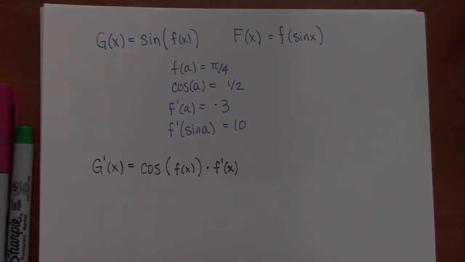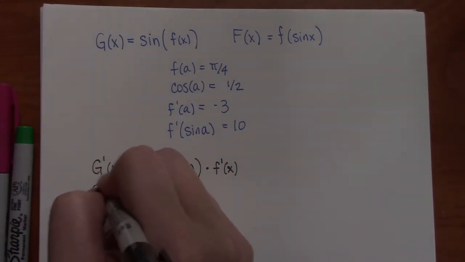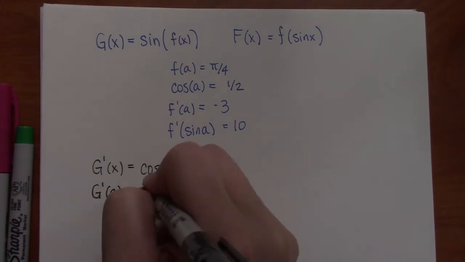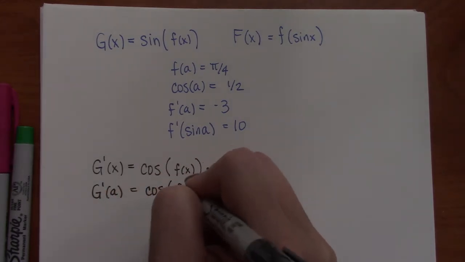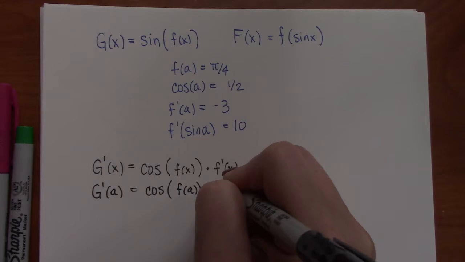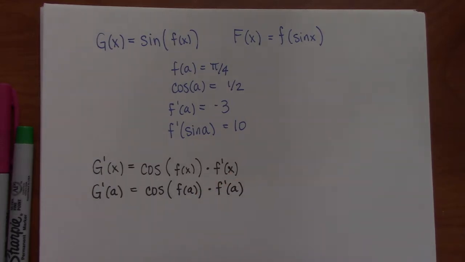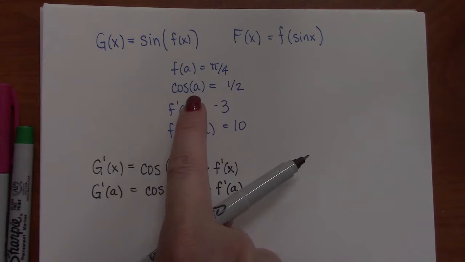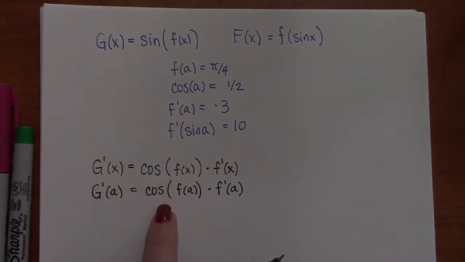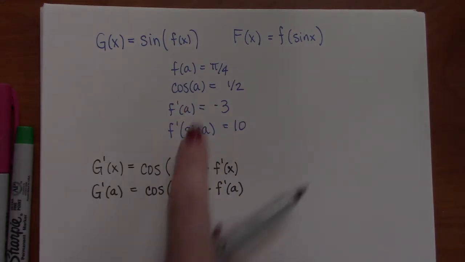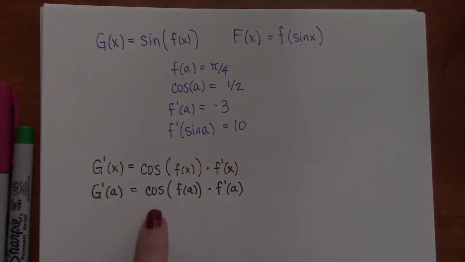So now, if I want to know what G prime of A is, then everywhere I have an x, I just plug in an A. Now I'm ready to run down my list and fill in what I need. So cosine of A is given, right? But f of A is pi over 4. A lot of people would mistakenly just put 1/2 here, and that was not true.